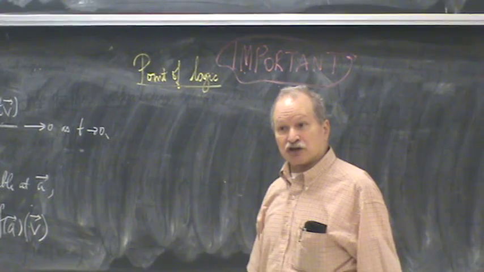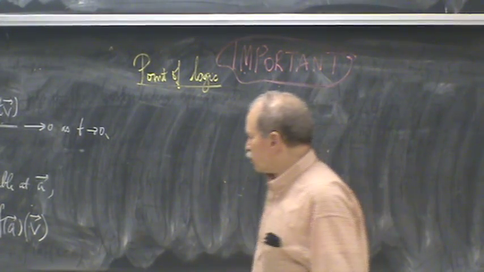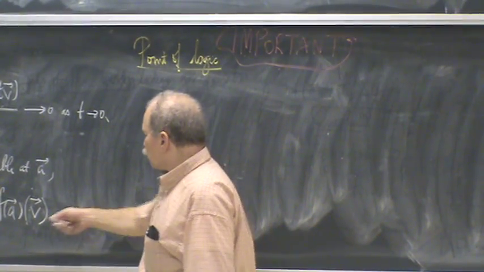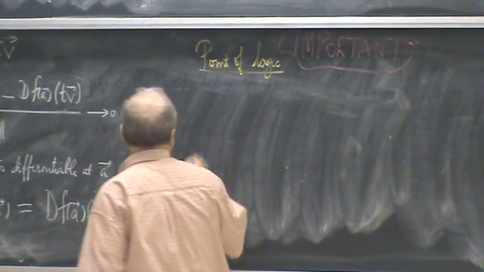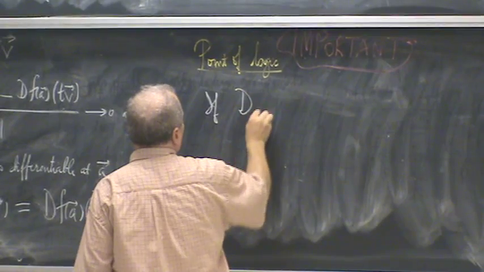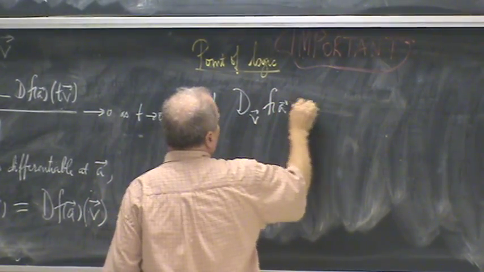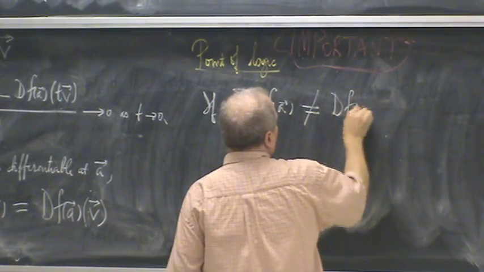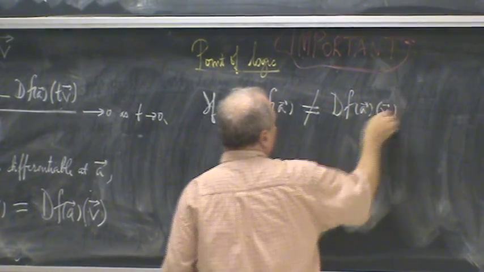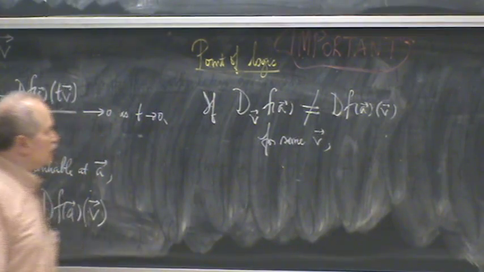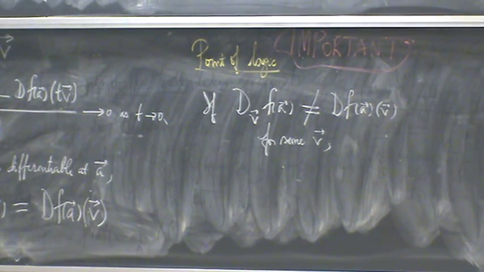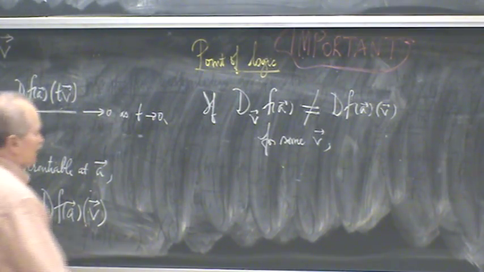Suppose you have a function and you compute its directional derivatives, and this rule does not hold. What do you conclude? f cannot be differentiable at A.